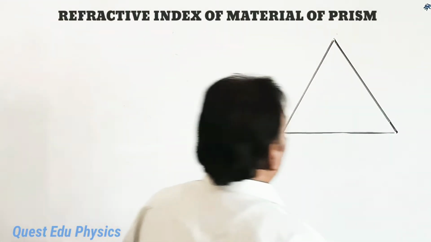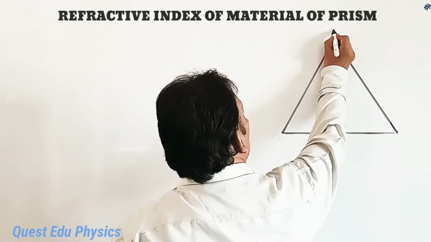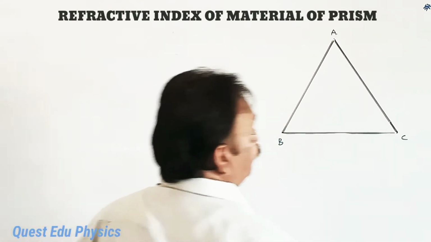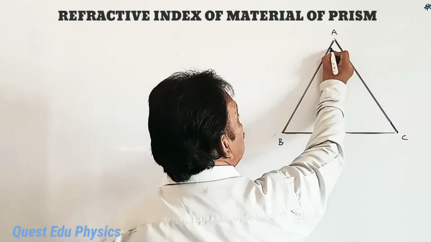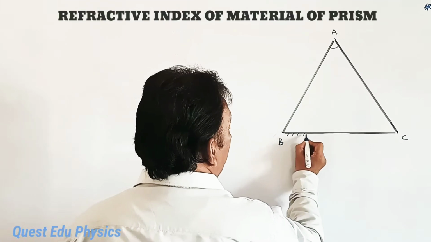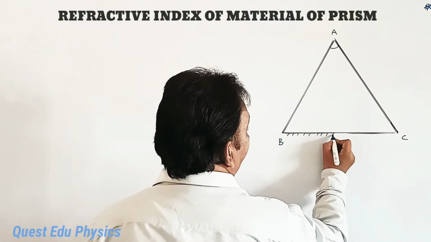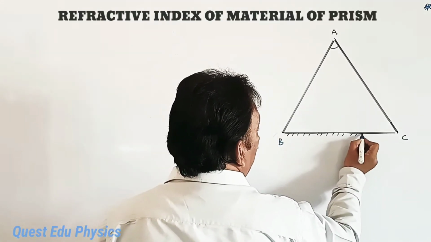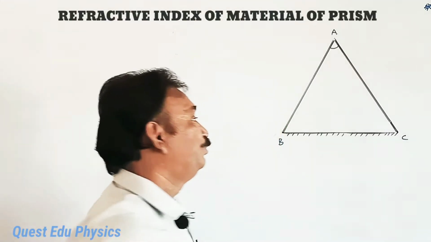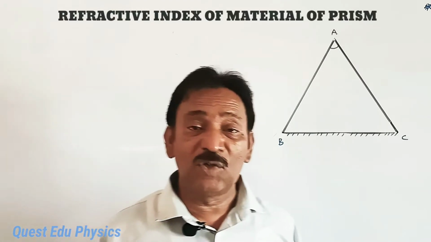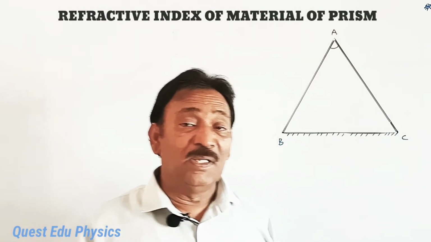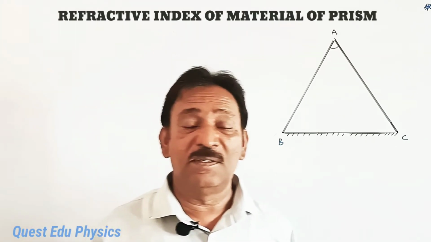Here, name the vertices A, B and C. Here A is the angle of the prism and BC is the base of the prism. In this class, we will derive an expression for the refractive index of the material of the prism by using a simple geometrical formula, students.